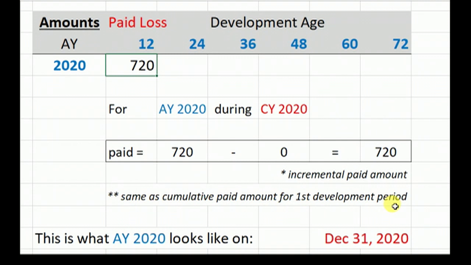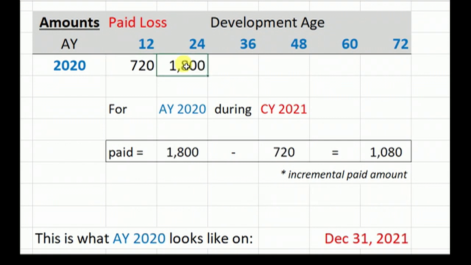Let's advance by 1 year, and we should get another data point right there. Yep, okay. Now we're at December 31st, 2021. The incremental paid amount is the current cumulative amount, 1,800, minus the prior cumulative amount, 720, and that equals 1080. This is all pretty simple when it's broken down like this, so we're going to cycle pretty quickly through the next few years.